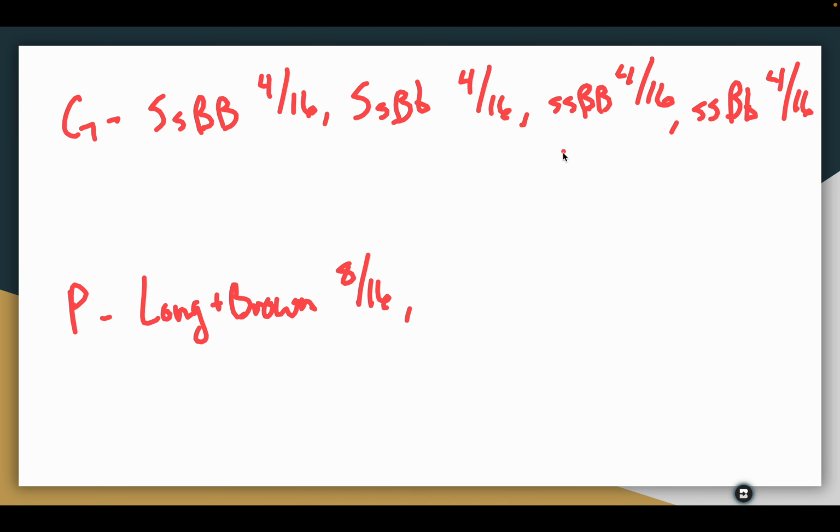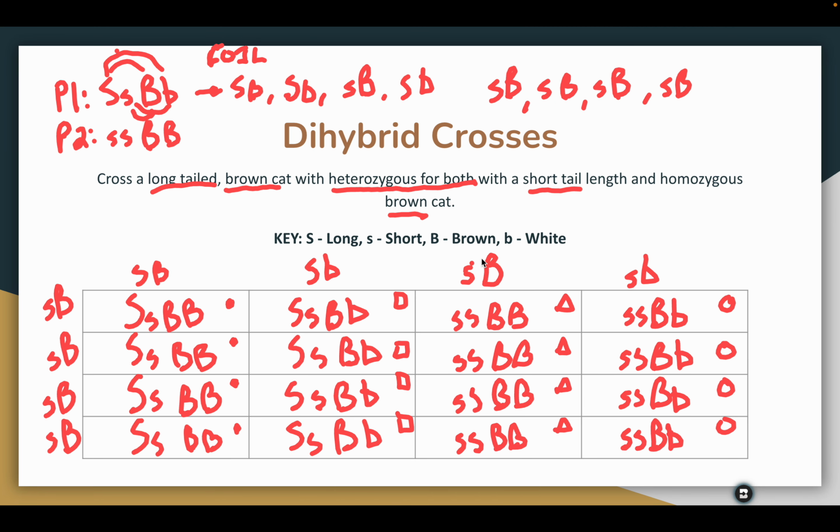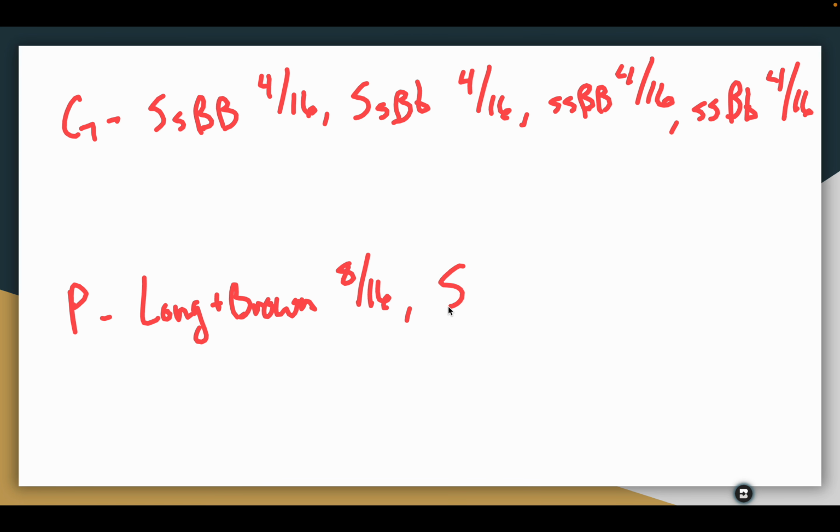And then lastly, if you look, we have one more. If we're using our key, we have others that are going to be short and brown. Getting a phone call right now, so I got a little distracted. But if you look, there's 4 here, there's 4 here, for a total of 8 out of 16.